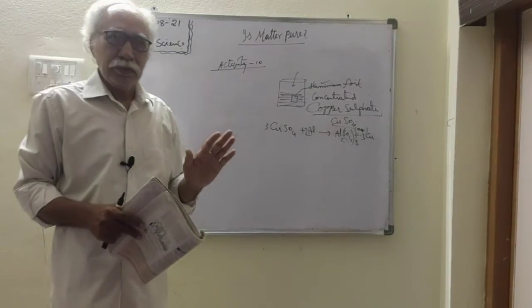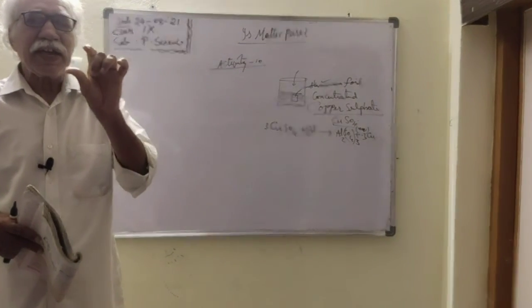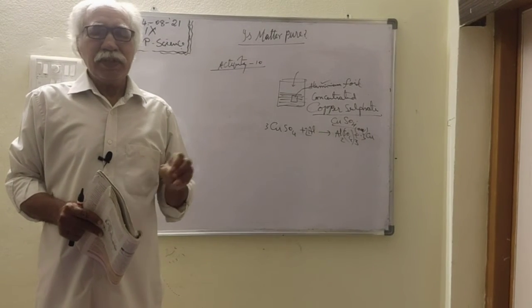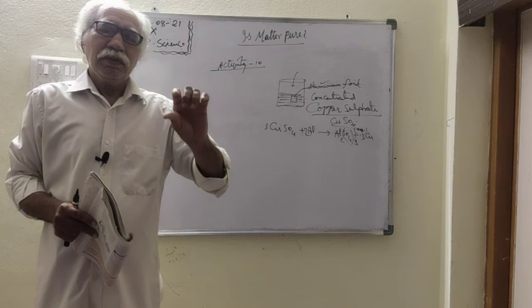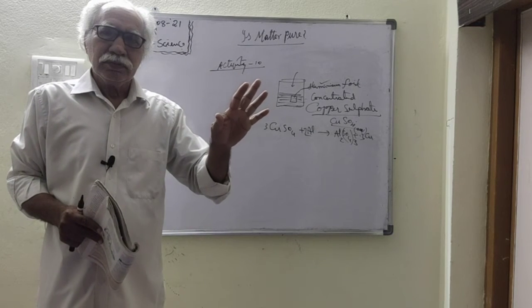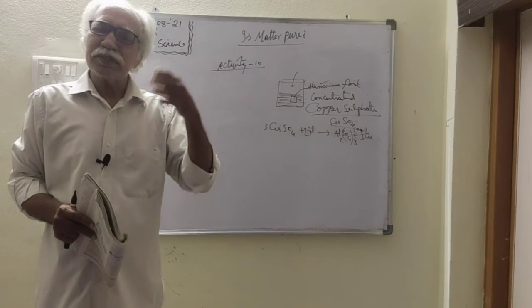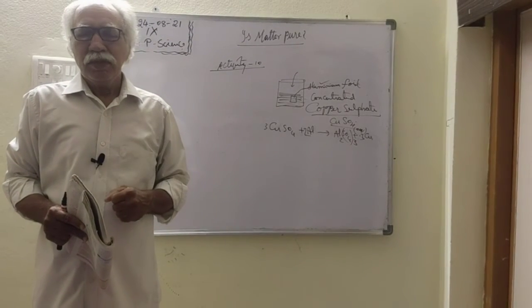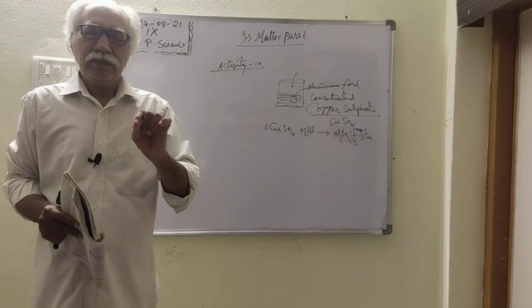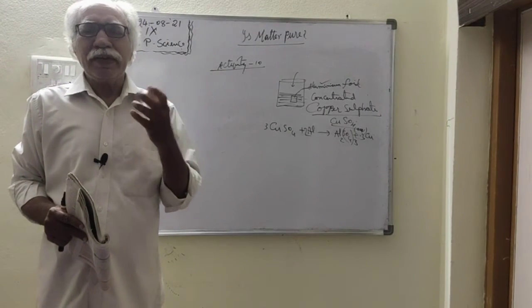Element means only one kind of atom is present in the substance. Say, for example, sodium. The substance contains only sodium atoms, no other atoms. Only sodium atoms are present, so it is called a pure element. Suppose copper element is there. Only copper atoms are present, so it is called copper element.